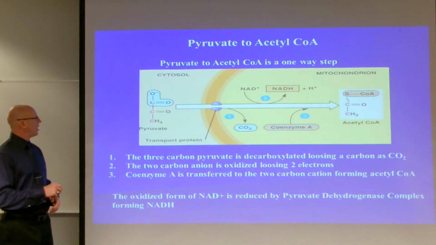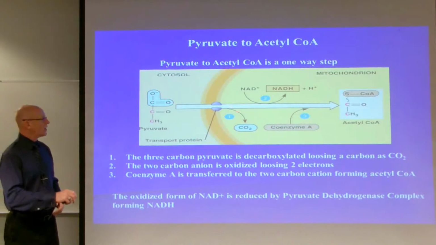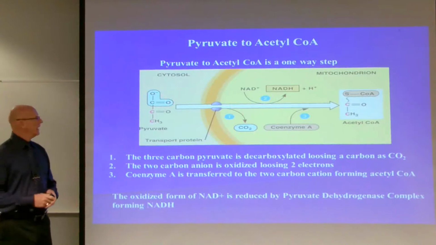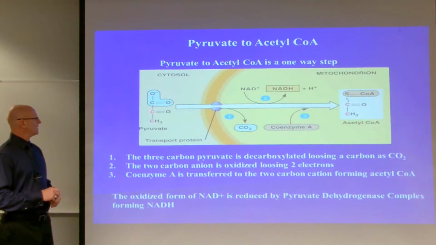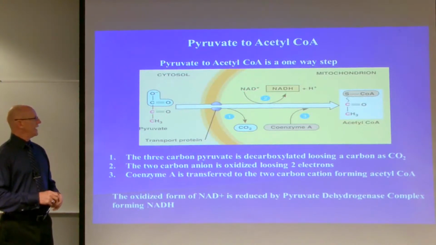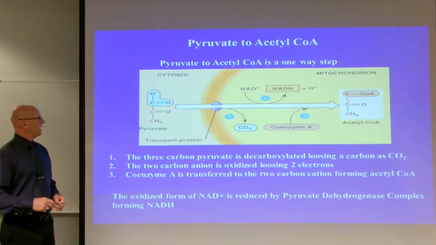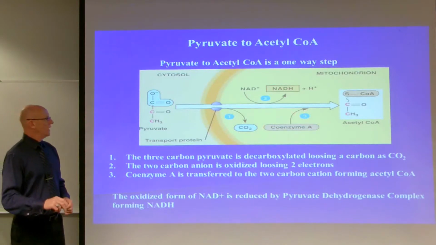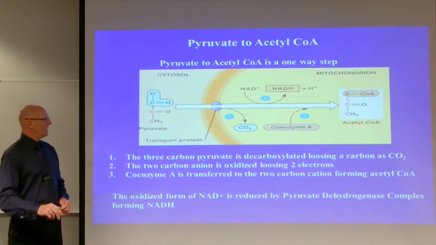We'll take off this carbon and the 2 oxygens, and it will come out as carbon dioxide. Pyruvate will be oxidized, and NAD plus will be reduced. So nicotinamide adenine dinucleotide will oxidize pyruvate, reduce itself, and then we'll have a coenzyme A attached right here. As this leaving group comes off, coenzyme A will be attached, and now we have acetyl-CoA.